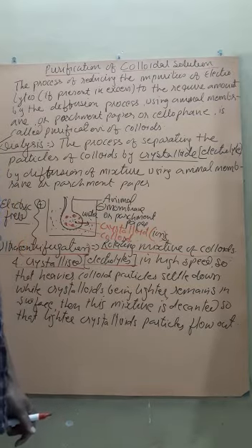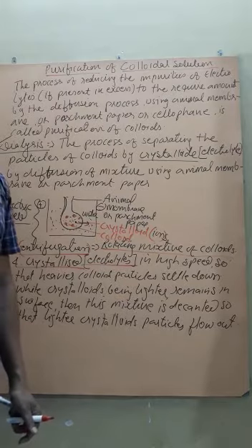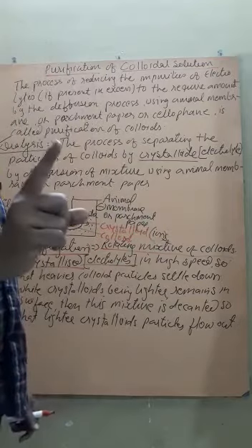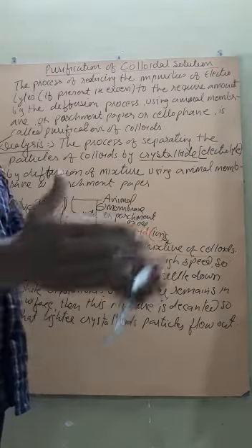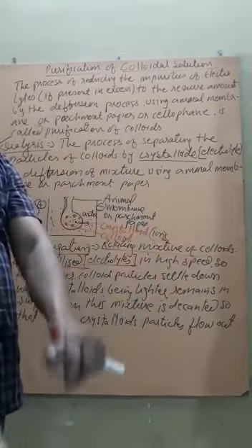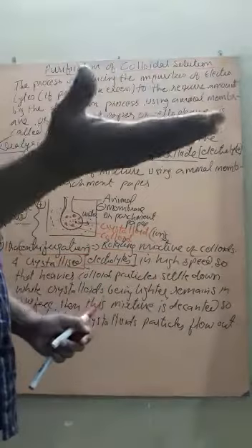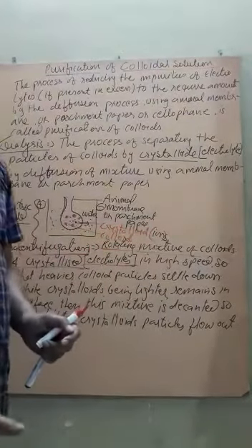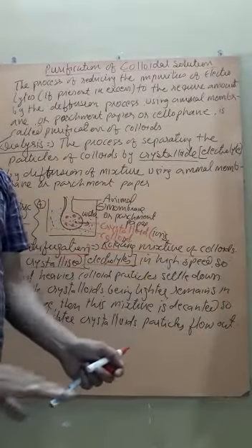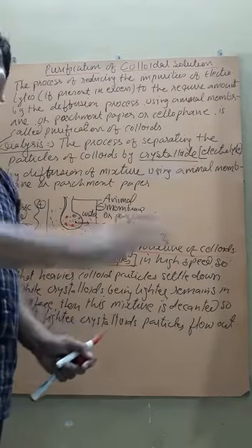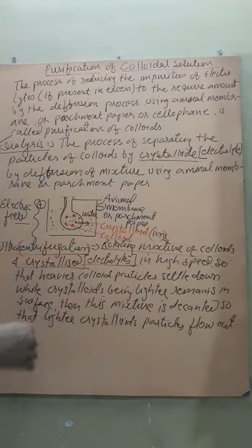That is, they are heavier as compared to the electrolyte, that is crystalloid. Being heavier, when it rotates at very high speed, the colloid particles will settle down due to gravity, while the lighter crystalloid remains over the surface. Now the whole mixture is decanted so that the lighter crystalloid particles move out. This is called the ultracentrifugation process.